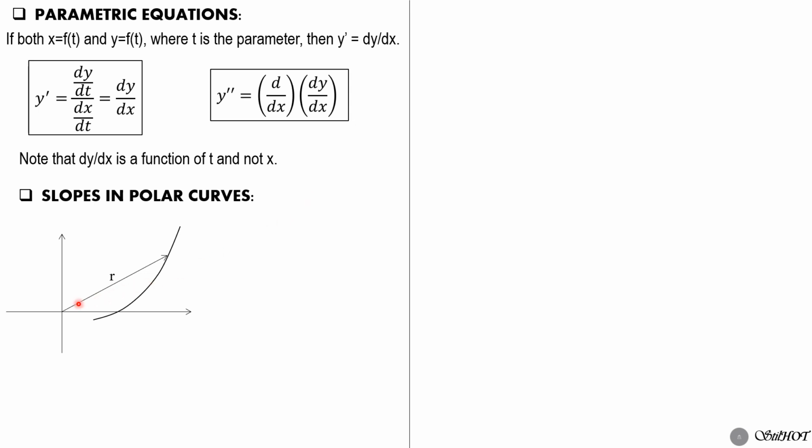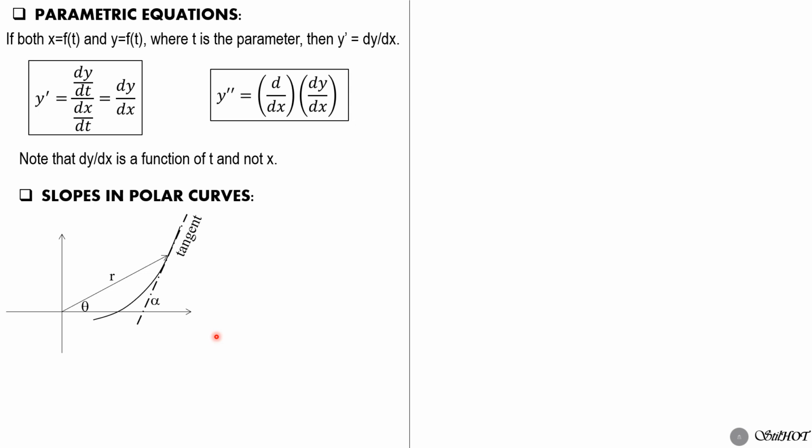So this is from the pole to any point on the curve, that's r, and that r makes an angle theta with the positive x-axis. The measurement is counterclockwise positive. And we have a tangent which makes an angle of alpha with the positive x-axis. Then the slope is the tangent of that angle alpha, which is dy/dx.